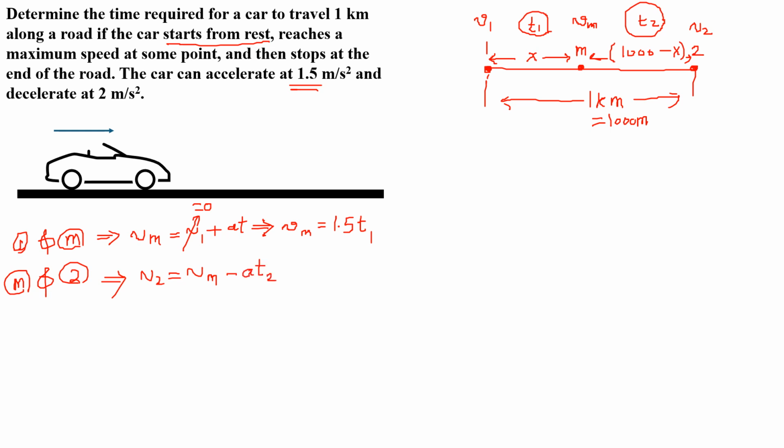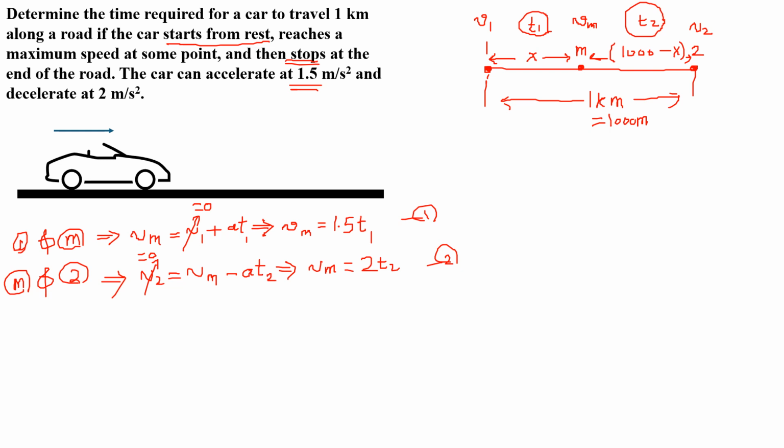At 2, let me now replace these values. The car stops at the end, so V2 this time is 0. So let me solve for Vm. I'll have Vm equals 2 T2, right? So again, I have now two equations.